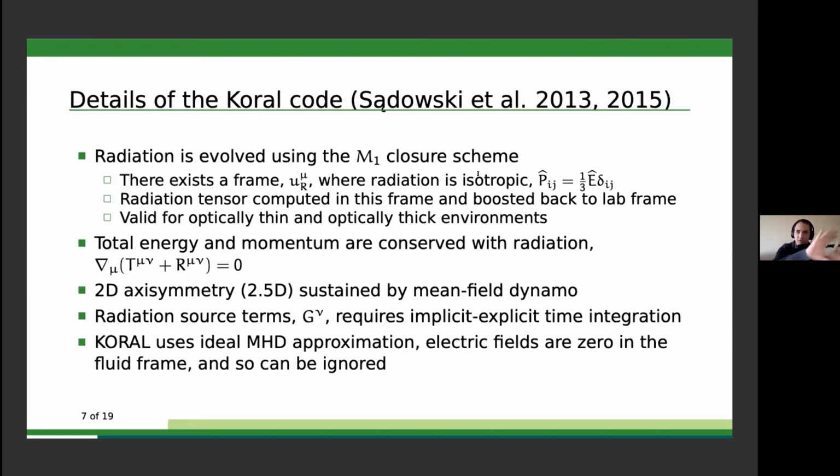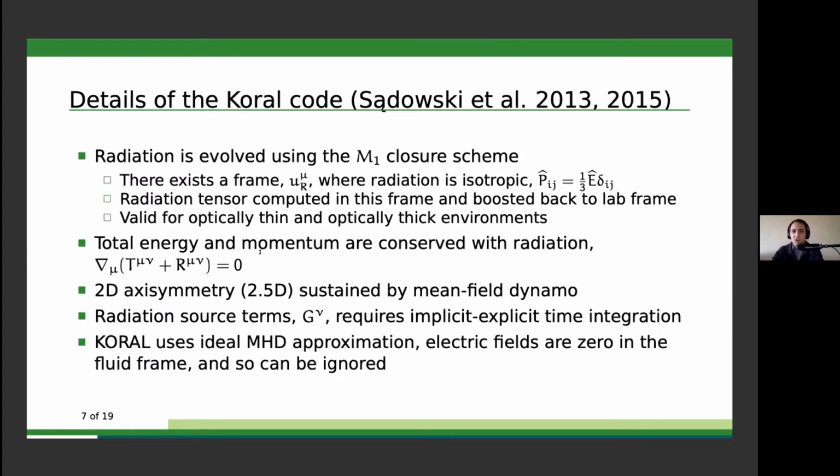So if you can imagine, if radiation is streaming in one direction, we can move along with the radiation, and in our frame, it looks isotropic. Then you transform back to the lab frame, and you can keep doing physics. This allows radiation to stream on geodesics through optically thin regions and diffuse through the gas in optically thick environments. And so this leads to total conservation of energy and momentum when you include radiation.